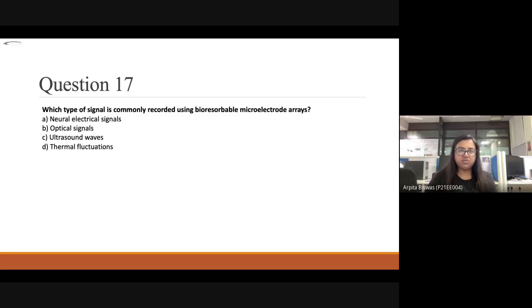Which type of signal is commonly recorded using bioresorbable microelectrode arrays? First option is neural electrical signals. Second option is optical signals. Third is ultrasound waves. And option D is thermal functions.